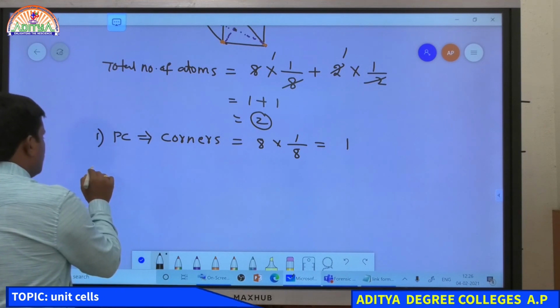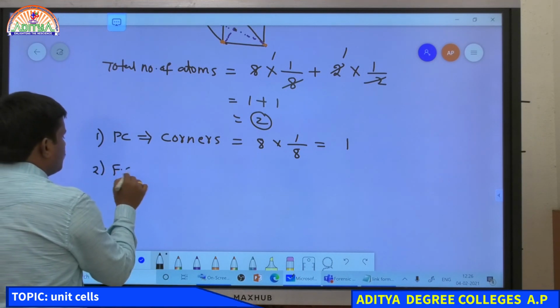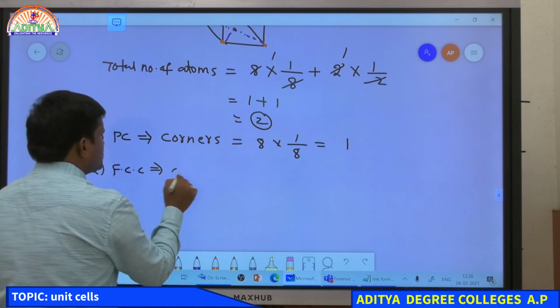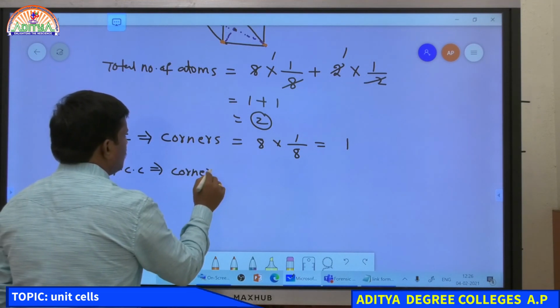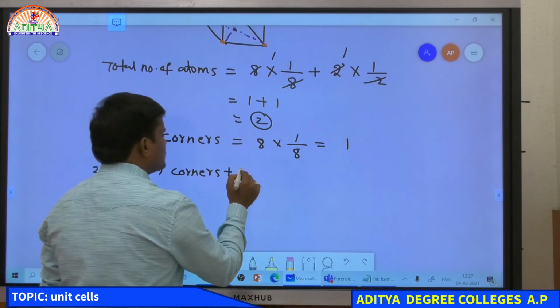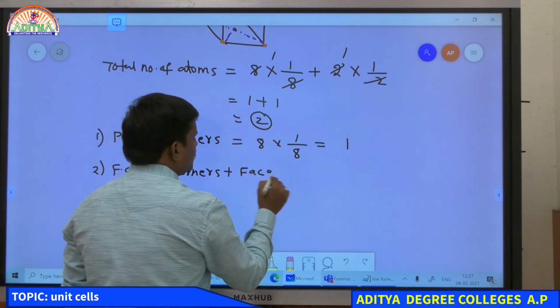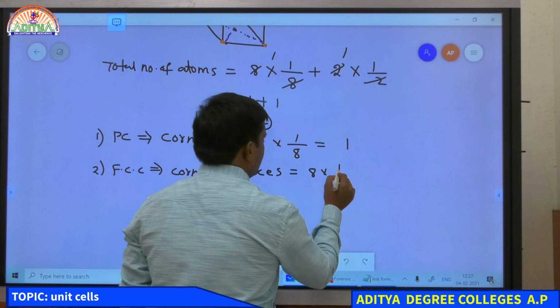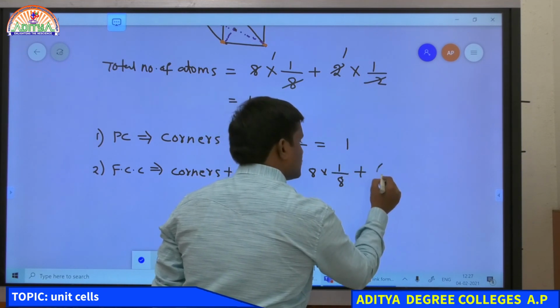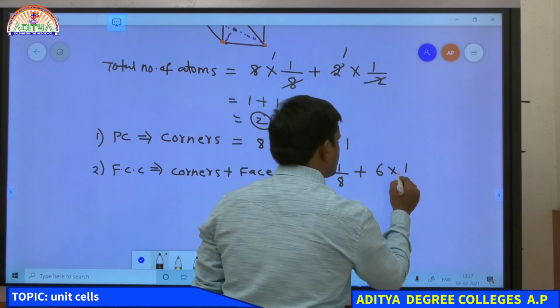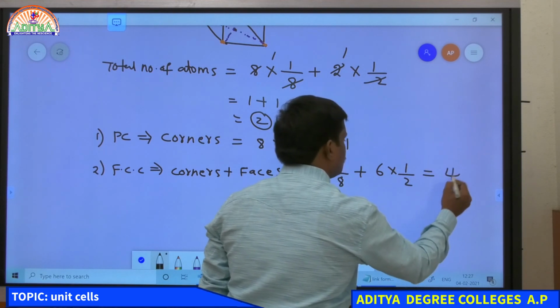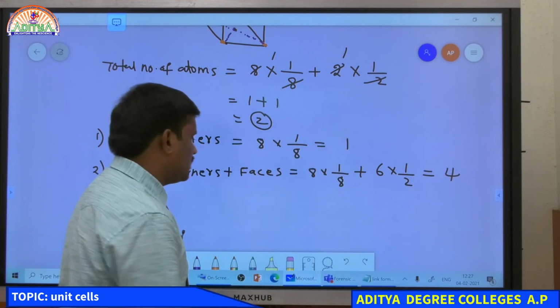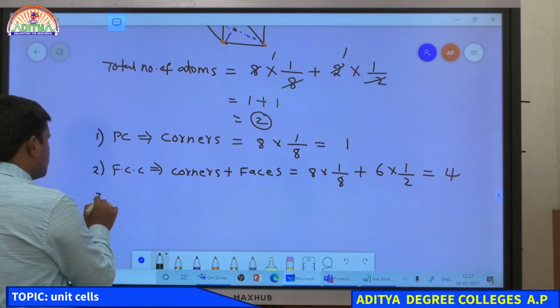Similarly for FCC, points are present at corners plus the centers of the faces. Therefore the contribution is 8 into 1 by 8 plus there are 6 faces, each contribution is 1 by 2, that is equal to 4. And then BCC.